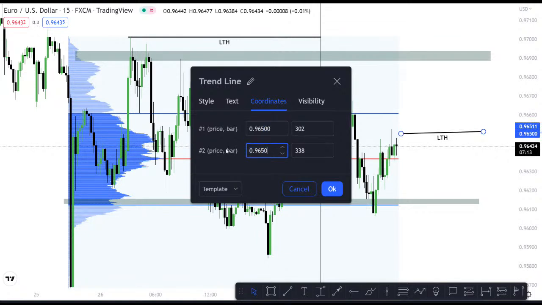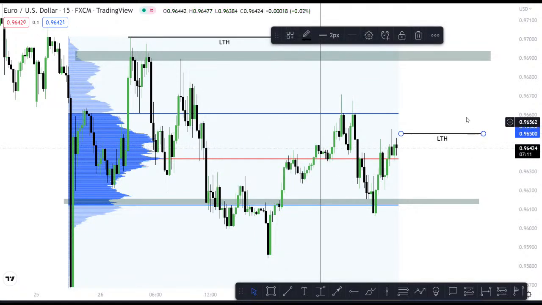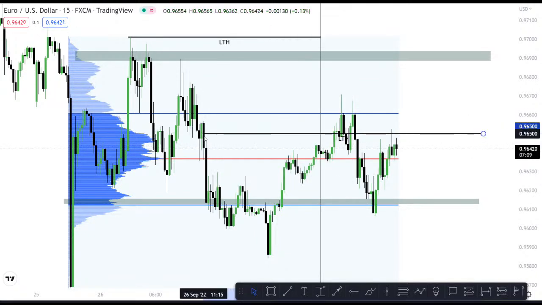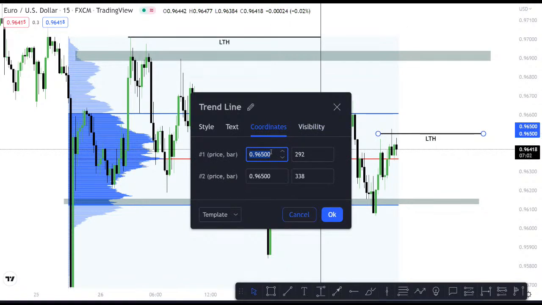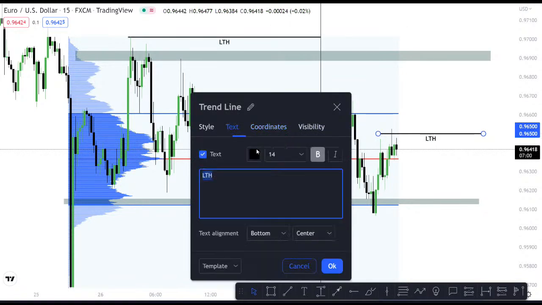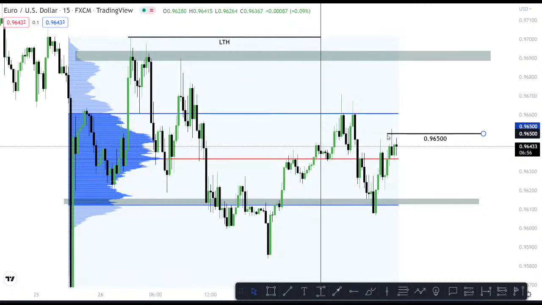Remember, we are already trading below $1 on the euro. So this is a 50 level. What did we say?